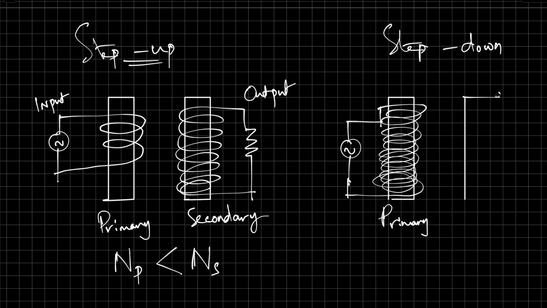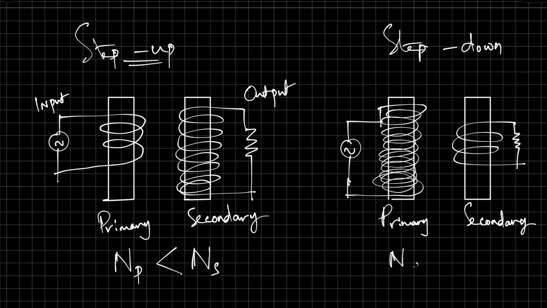This is the secondary coil. That's the output. And the main difference is number of turns in the primary is greater than the number of turns in the secondary. So that's a step down transformer.